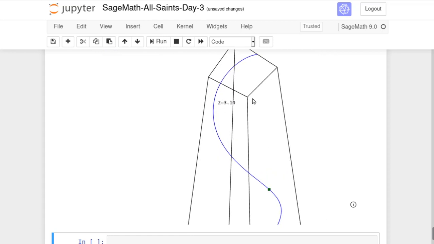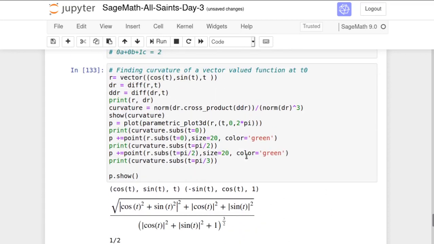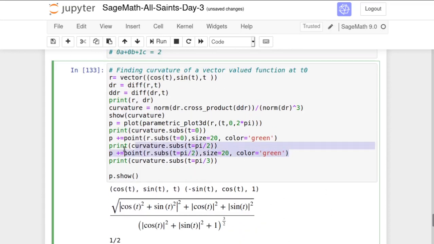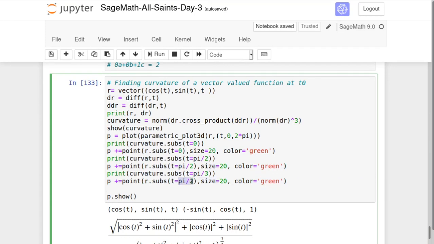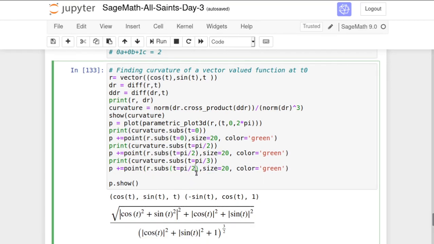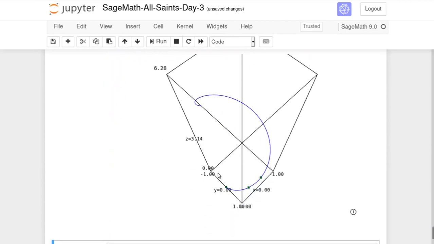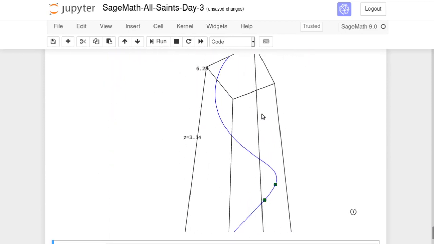So here there is 1 point, here is 1 point, and one more point we will probably give P plus equal to substitute. What is the third value that we have given? It is pi by 3. So one more point, one more dot.